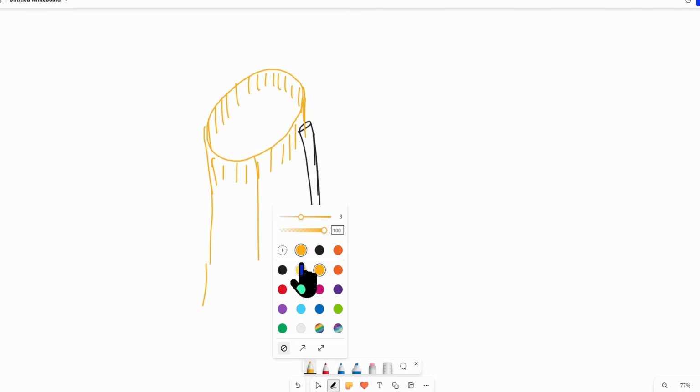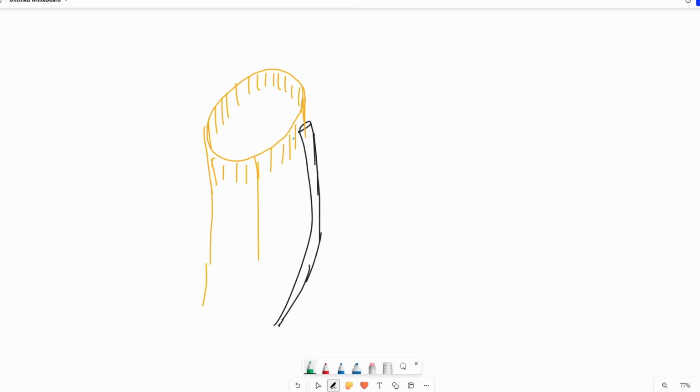Now lateral to the notochord, we have the paraxial mesoderm, which continues with the intermediate mesoderm, and which then further continues as lateral plate mesoderm, and lateral plate mesoderm is split into two parts.